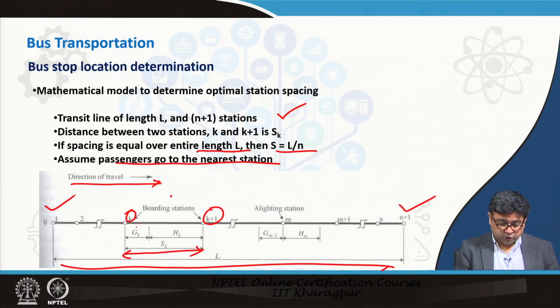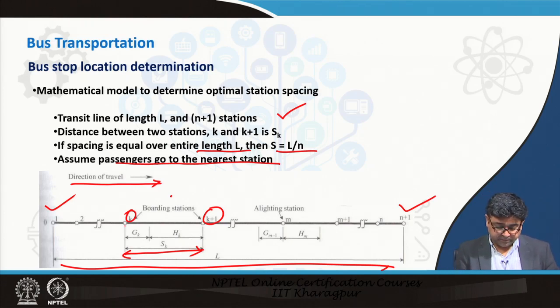Okay. So, clear enough, there are 2 stations. Consider k as the boarding station and m as the alighting station. What we want to develop is the spacing between them. If you know the spacing between them, then we can tell where to exactly locate them, right. So, the spacing between the 2 will determine the location of where it should be placed in a transit line.